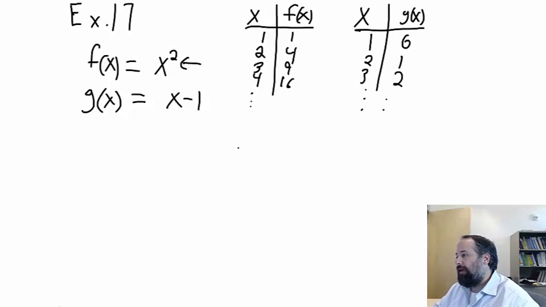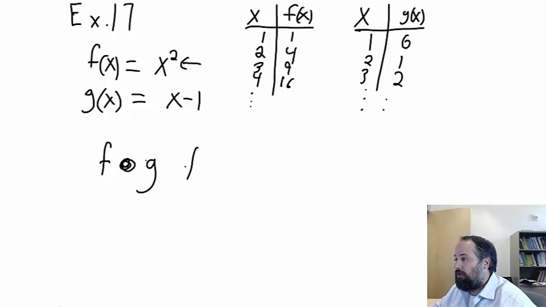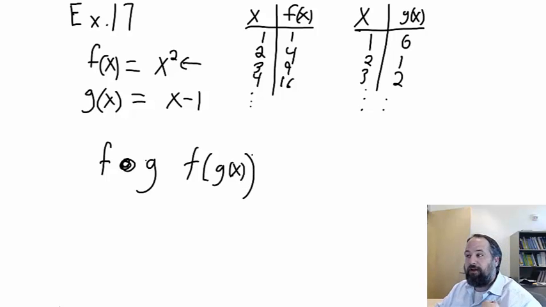If we say f of, this is supposed to be a little special O symbol there, f of g, what we mean is f of g of x. That is, the output of g of x becomes the input of f of x.